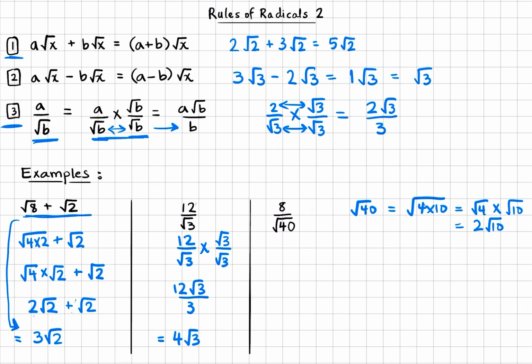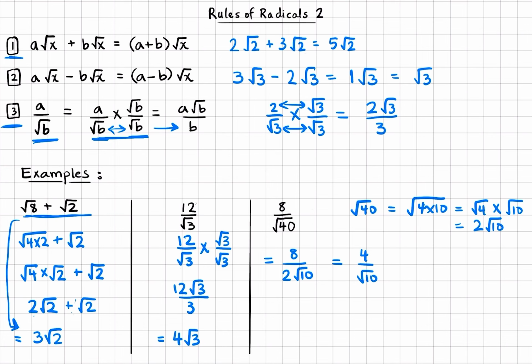So that's what we're going to do first. We're going to turn this fraction into 8 divided by 2 square root 10. And now we see that, oh, we have an 8 here on top, and 8 divided by 2 is 4. So this is actually 4 over square root of 10.